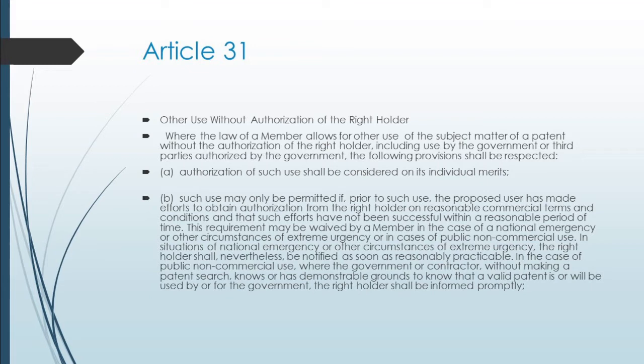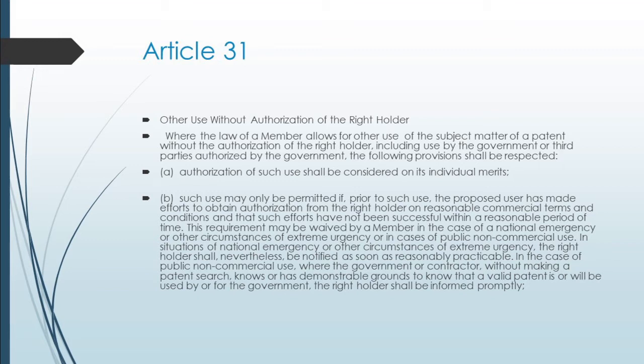Now, Article 31 gives just some guidelines. First, whenever you issue a compulsory license, authorization needs to be granted. Without authorization from the patent holder, compulsory licenses are not issued. Second, compulsory licenses are not a general practice, rather they are done in exceptional circumstances, for example, in cases of national emergency, extreme urgency, or some non-commercial use.